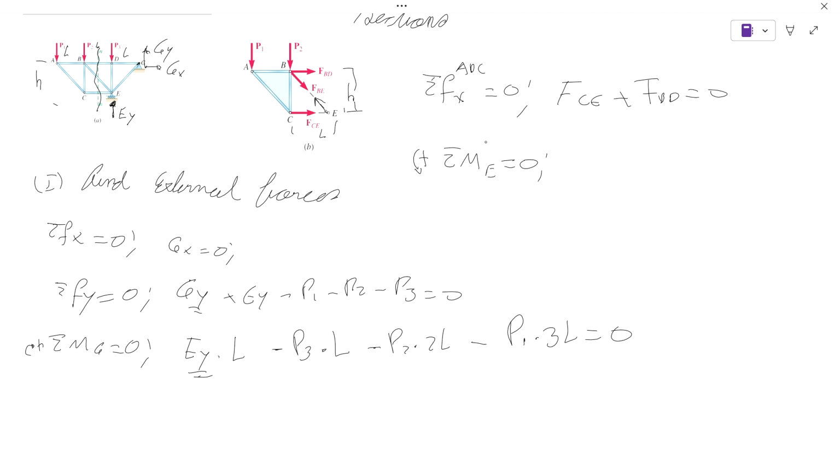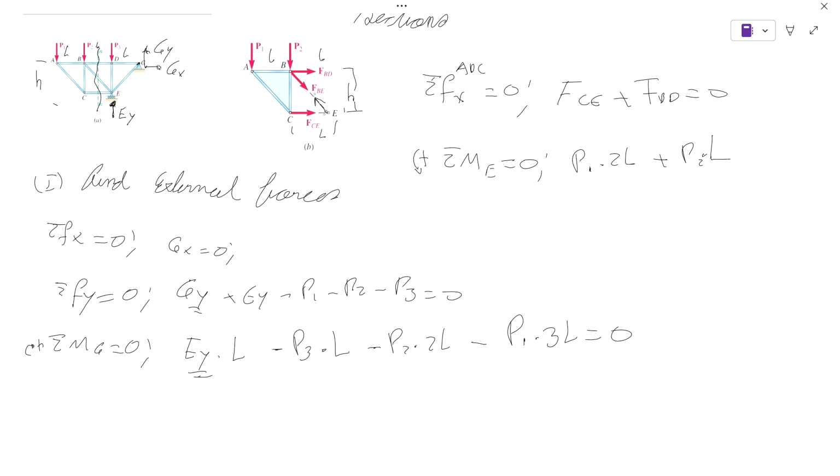Counterclockwise is positive. And then we have P1 times 2L, because this is also L, plus P2 times L. Right, which one is next?